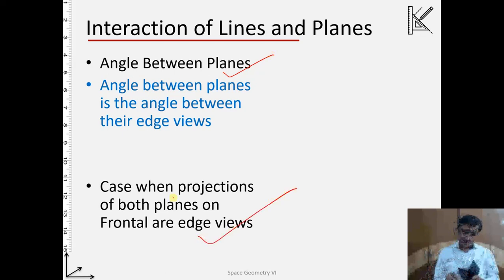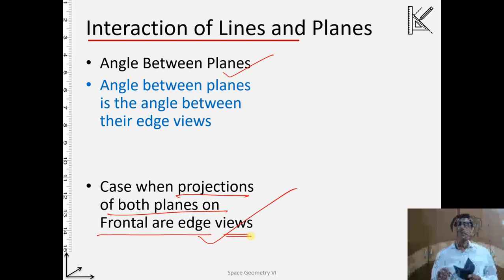Well, one case over here is when the projections of both planes are available on the frontal plane as edge views. Let's look at that case, then we'll understand it. Plane 1, plane 2, if I keep this wallet like this, so that the line of intersection of these two planes is perpendicular to the frontal principal plane.